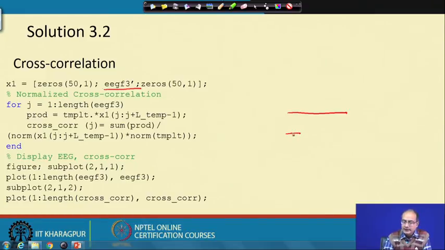Now, the overall length would be, if this length is A and this length is B, A plus B minus 1. Okay. But we do not want to see it in that way, rather we would like to have the same number of points as A.